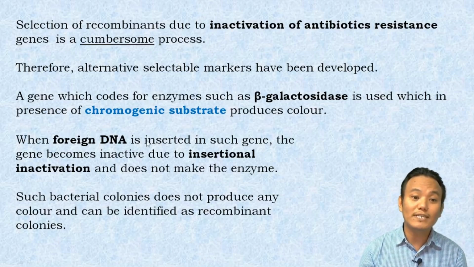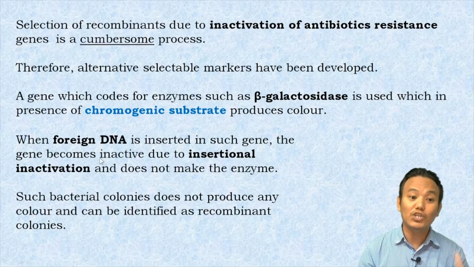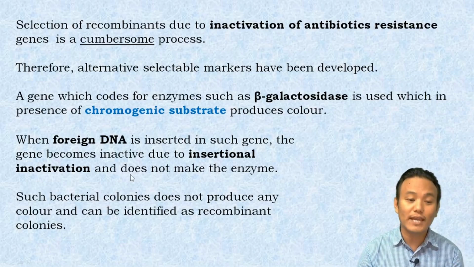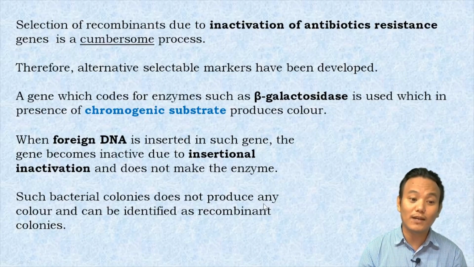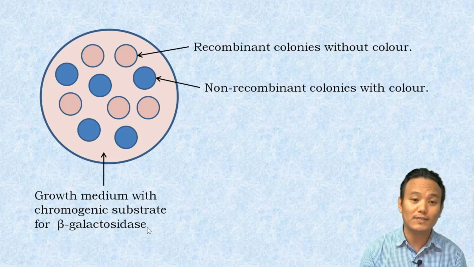When a foreign DNA is inserted into such a gene which codes for the enzyme, the gene becomes inactive due to insertional inactivation and does not produce the enzyme. And the bacterial colonies which do not produce any color can be identified as recombinant colonies. For example, in this picture, you can see in a petri dish, the growth medium contains a chromogenic substrate for the beta-galactosidase enzyme.